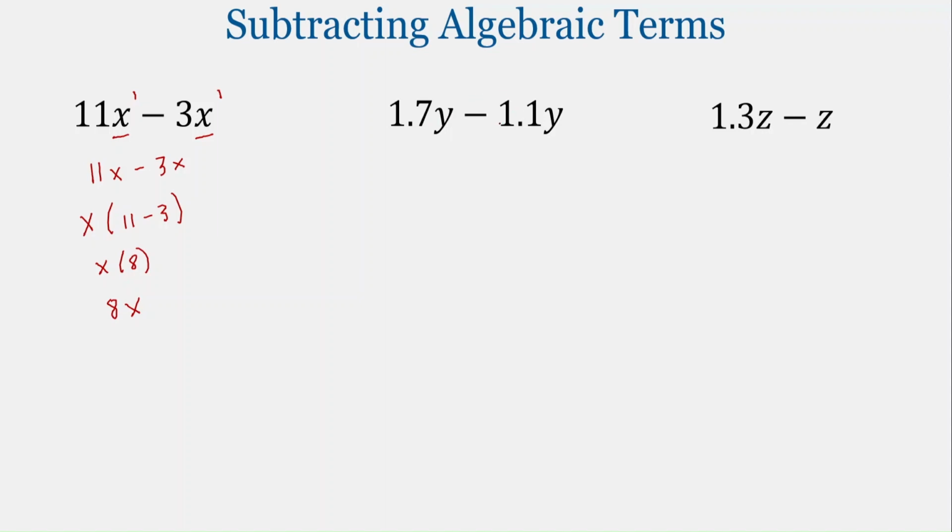So here we have 1.7y minus 1.1y. So I'm going to do that quick math with the coefficients, making sure our decimal points are lined up. We're doing subtraction. 7 minus 1 is 6. 1 minus 1 is 0. Bring down that decimal point. We have 0.6. And then bring down the variable y.